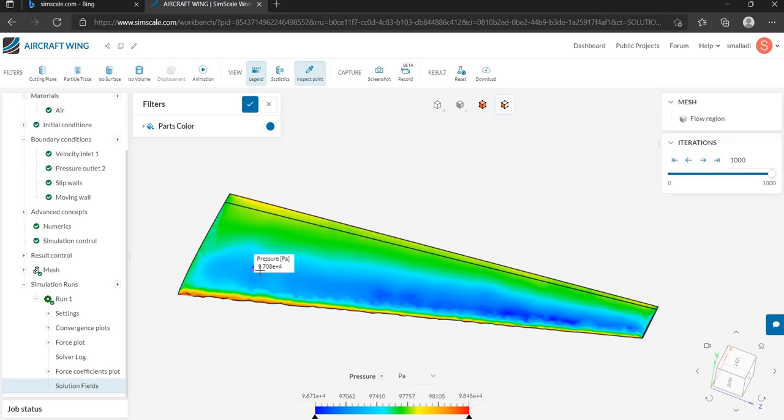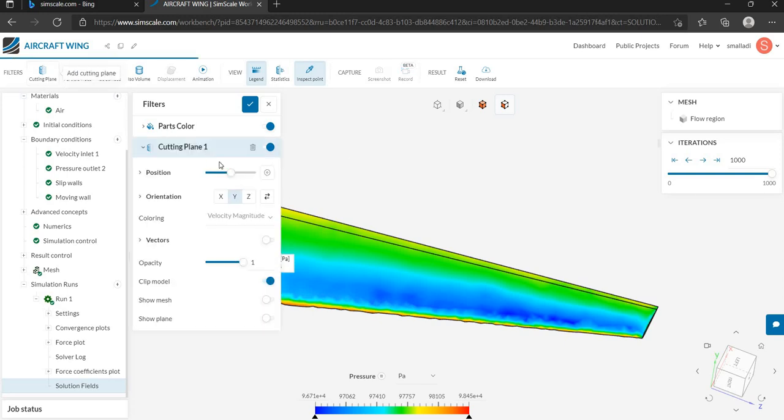Next, to analyze the velocity magnitude plot, add cutting plane.